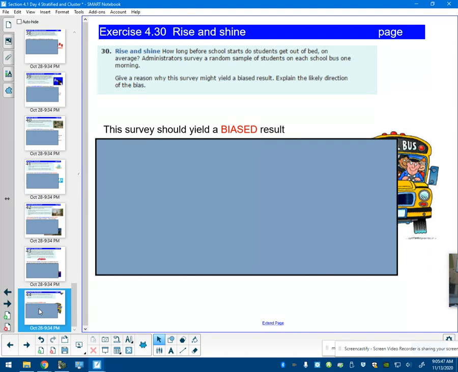So if they do a random sample on each school bus, is that strata or cluster? A random sample on each bus. They didn't take a random whole bus to sample, they took a random sample on each bus. So what is that? Strata.